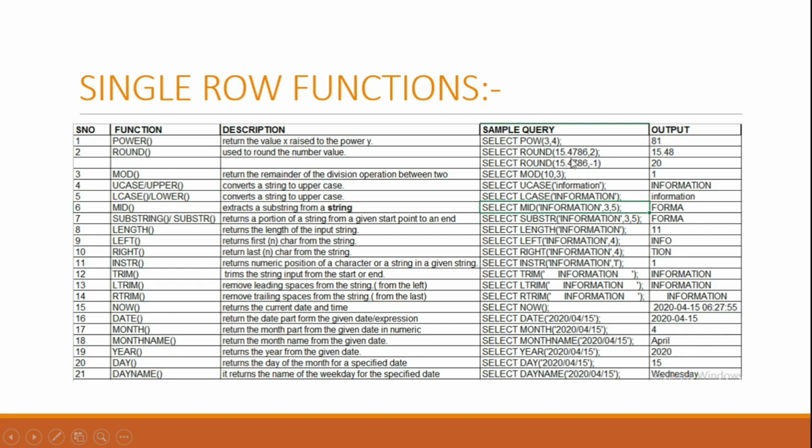For example, in 15.4786, 2, the answer has 2 digits after the decimal point, and the third digit, 8, is used to round the number. Since it is 5 or more, the previous digit is rounded up to the next number, hence the answer comes as 15.48.